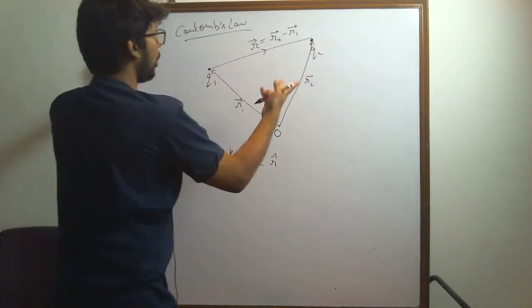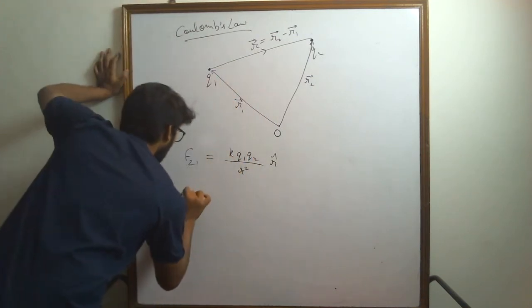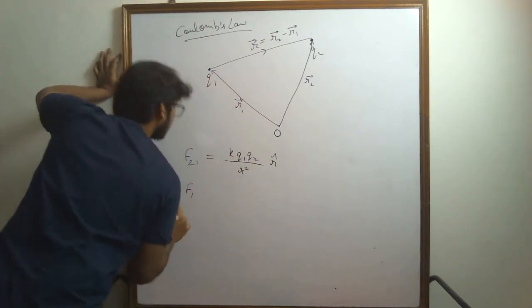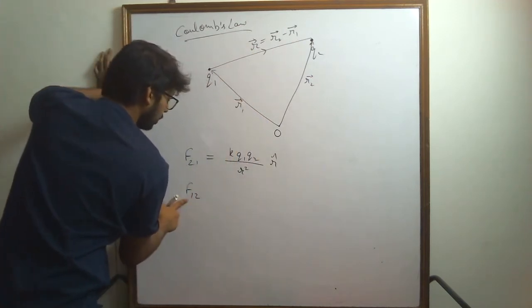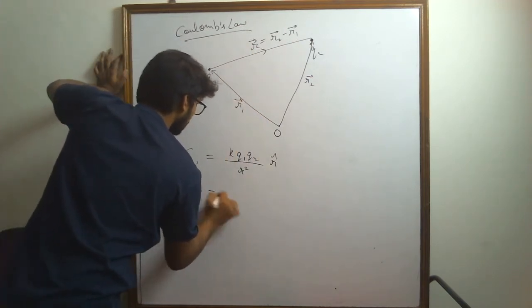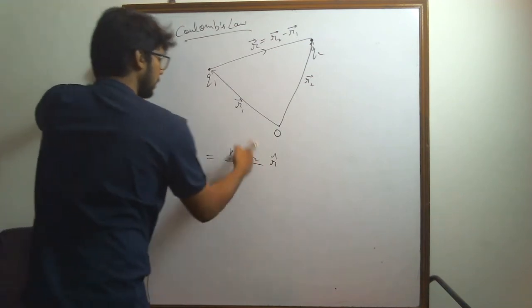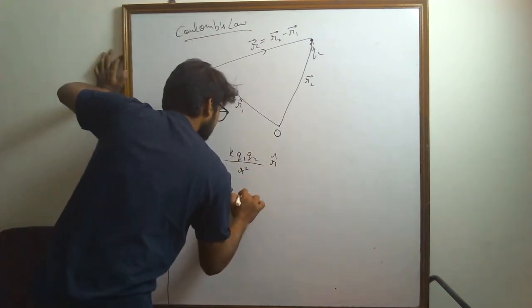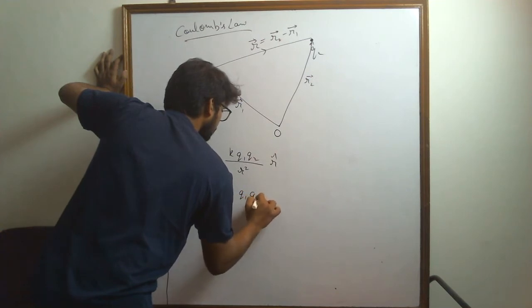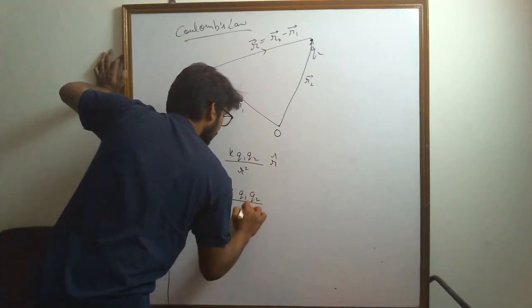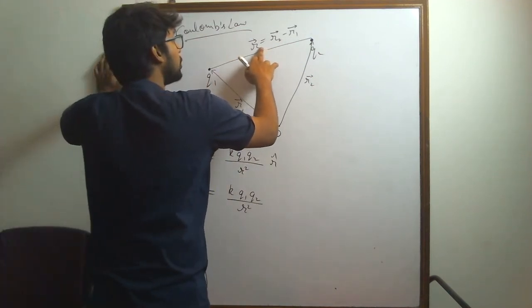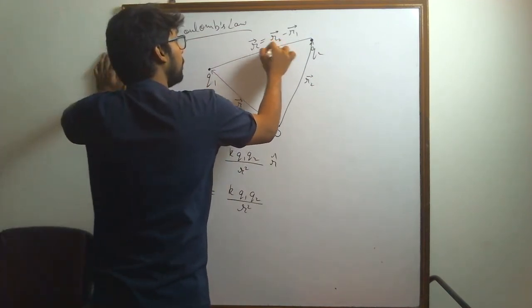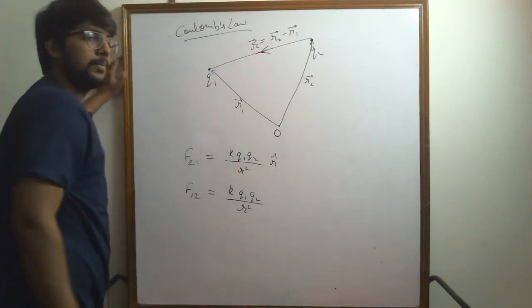Now, if I take the opposite, which is the force on Q1 by Q2, the magnitude will remain the same, but the direction will be opposite.